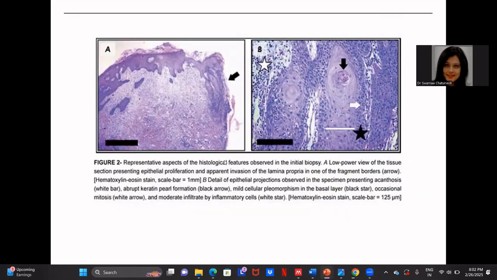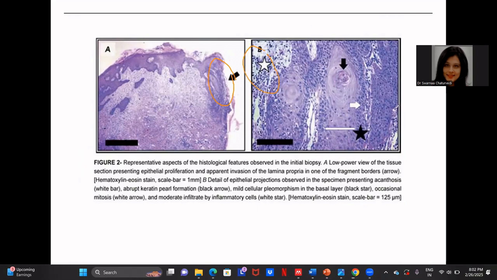If you look at the histological picture, in the low power view you can see apparent invasion of the lamina propria in one of the fragment borders. Along with that, in the high power view, there is a moderate infiltrate of inflammatory cells.